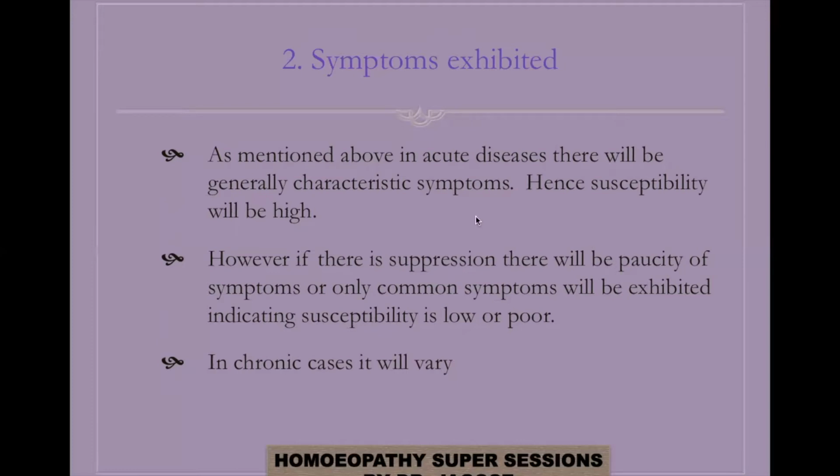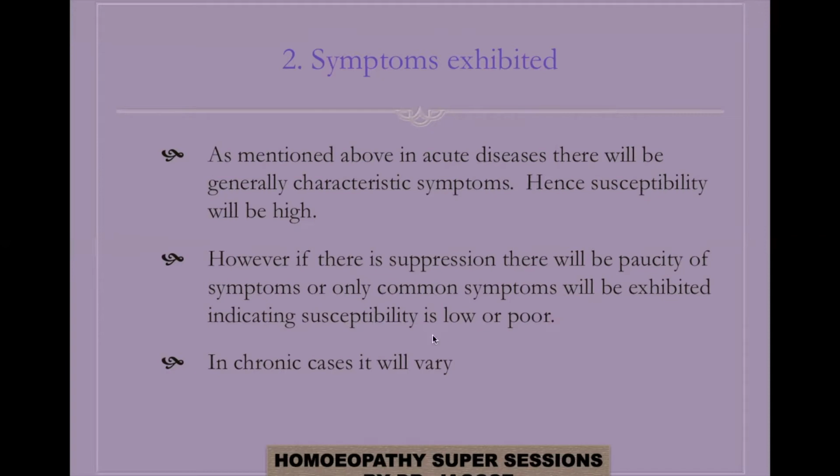So, generally speaking, in an acute case, the symptoms exhibited are characteristic. But however, in an acute case, if there is suppression, then you'll only get common symptoms indicating susceptibility is low or poor. This is of course a very rare instance, but I'm just mentioning it to you so that you can understand.